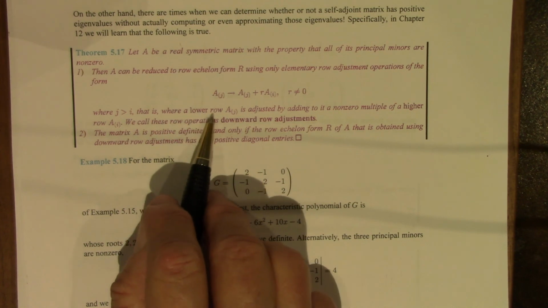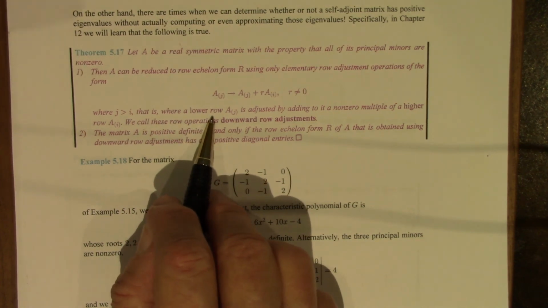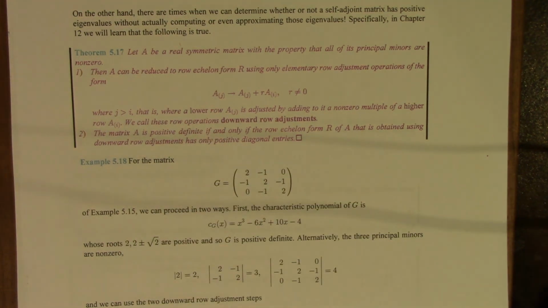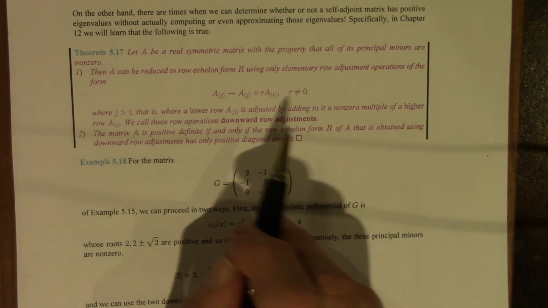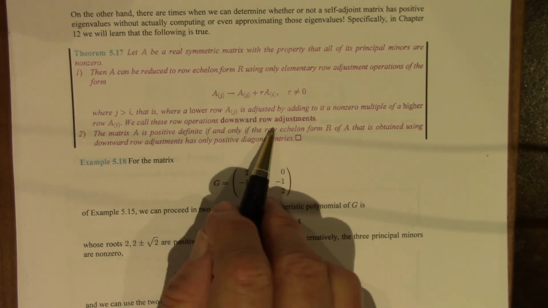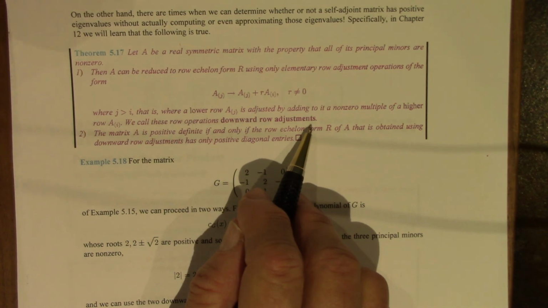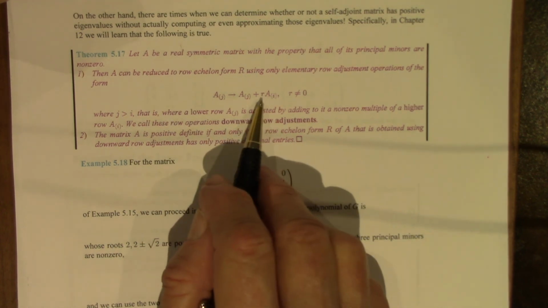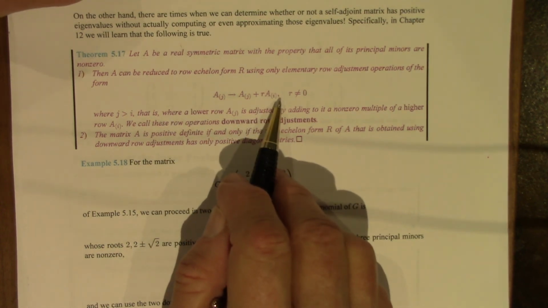In other words, a lower row in the matrix is adjusted by adding to it a non-zero multiple, otherwise we're wasting our time, of a higher row in the matrix. So these are specific row adjustment operations, which I will call downward row adjustments. So we might take the 10th row and add to it a multiple of the 8th row or the 3rd row, something higher up in the matrix.